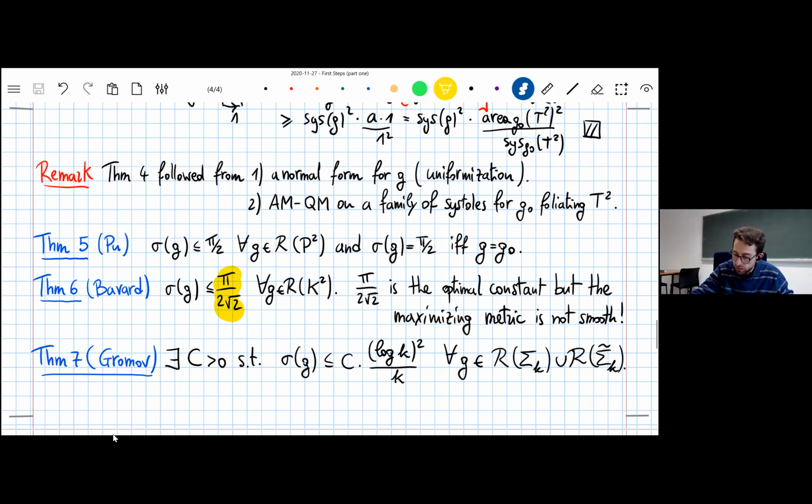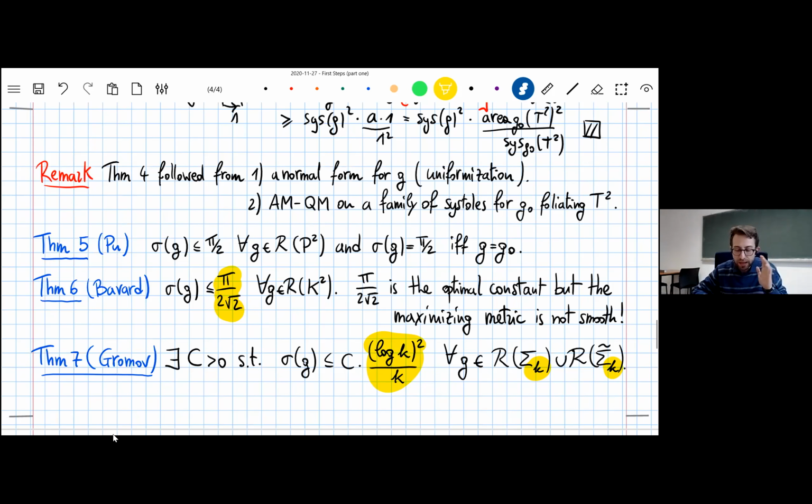If you have genus K, then you expect the optimal constant to go like logarithm of K squared divided by K. You can think of this as sticking many tori all together in the orientable case. You imagine that the area will grow, but the systole will remain basically constant. So you expect this constant to go to 0 with the genus, but still getting the right behavior with K.